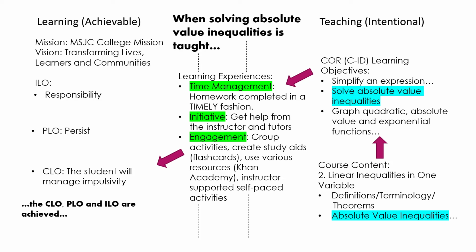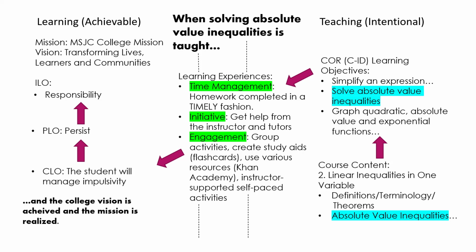That is, as time management, initiative, and engagement are practiced before the class meets again, impulsivity is minimized. And as impulsivity is managed, persistence grows and the responsibility competency increases. Ultimately, this leads to achievement of the college vision and realization of the college mission.